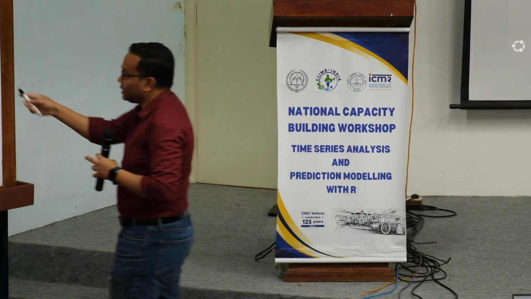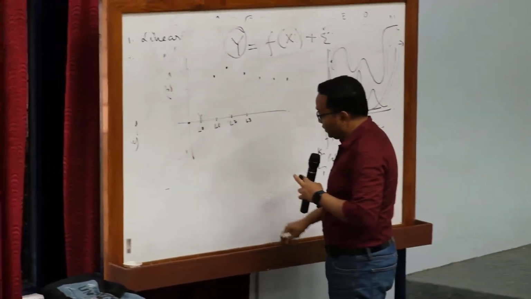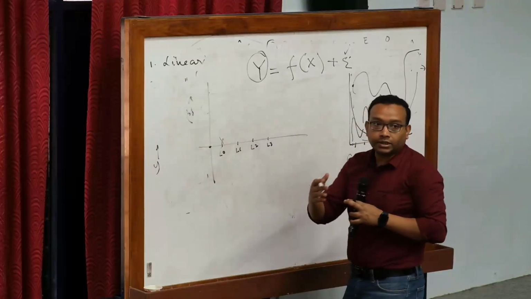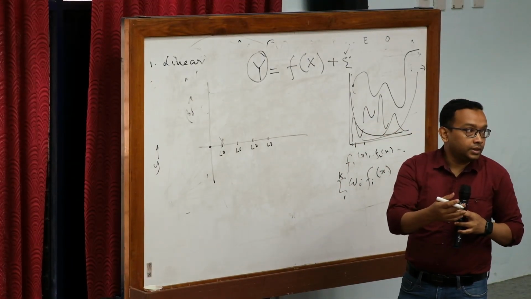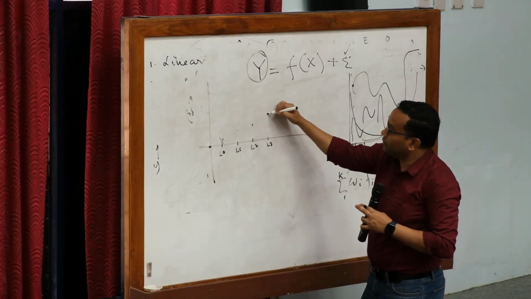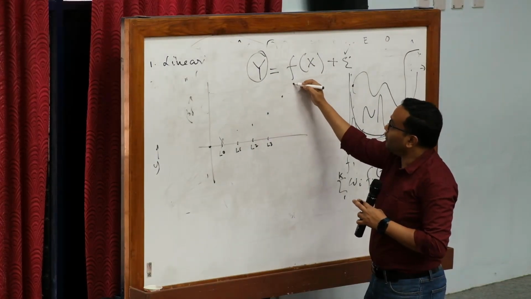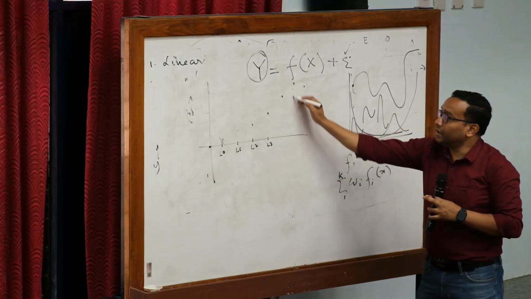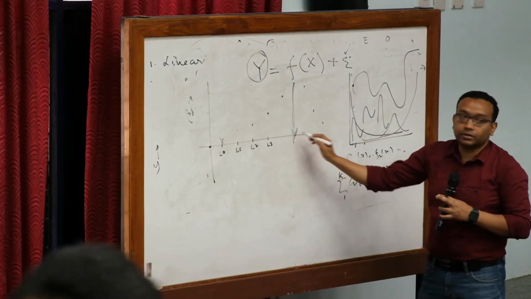So if you see things like this, there can be things which take more time. So let's say if you are looking at outbreaks, then you might not find anything early. You might find a peak later, and then it might drop suddenly. So that is what you are trying to figure out.